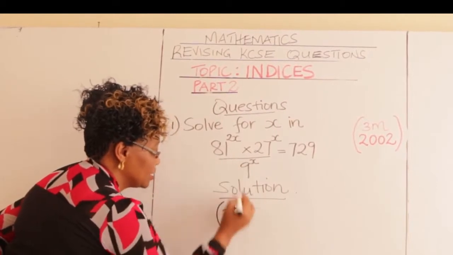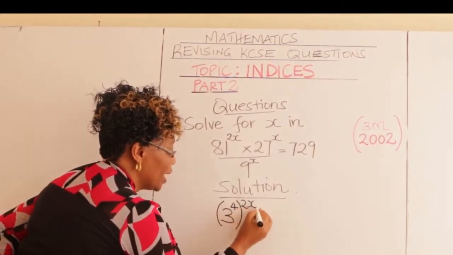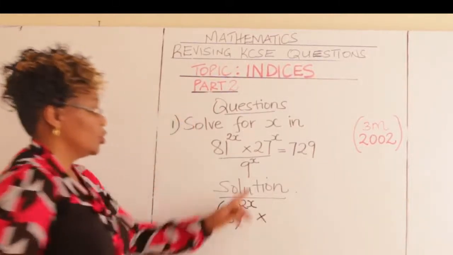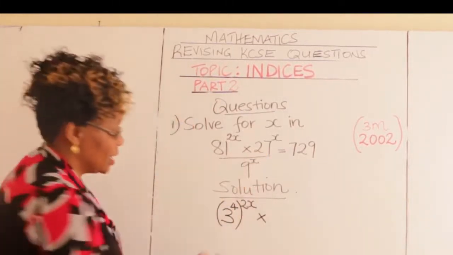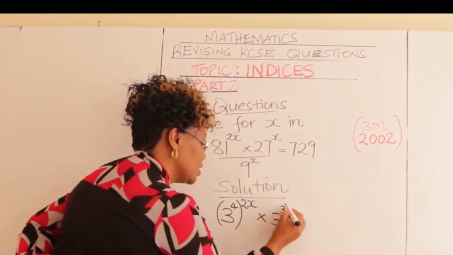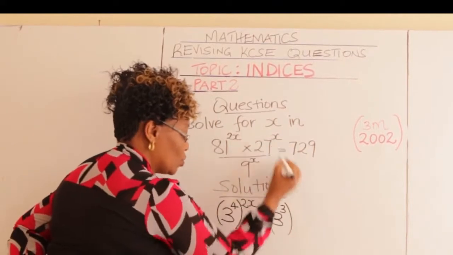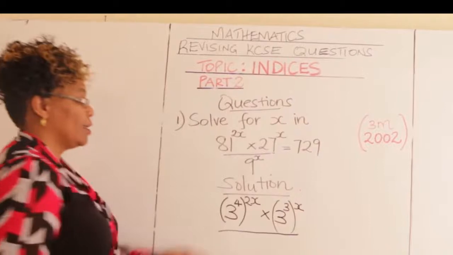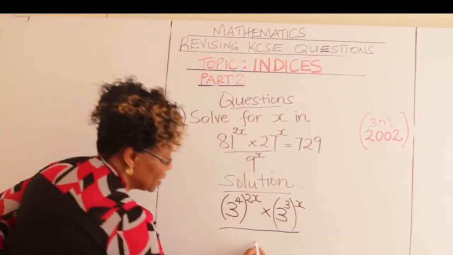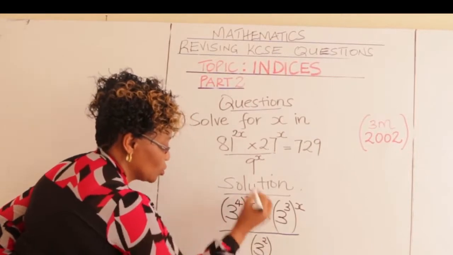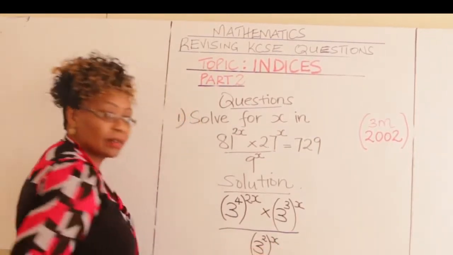Then it is raised to 2x, times 27 is 3 raised to what? 3 raised to 3. Then raised to what? x. Divide by 9. To base 3 is 3 squared, and it is also raised to x.